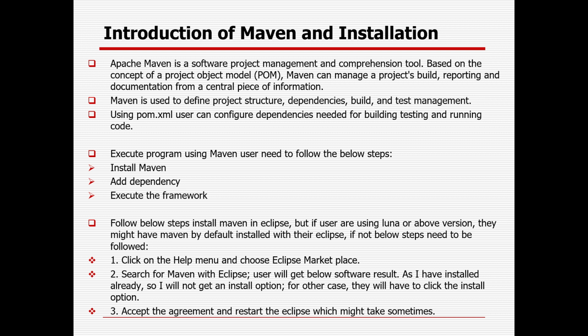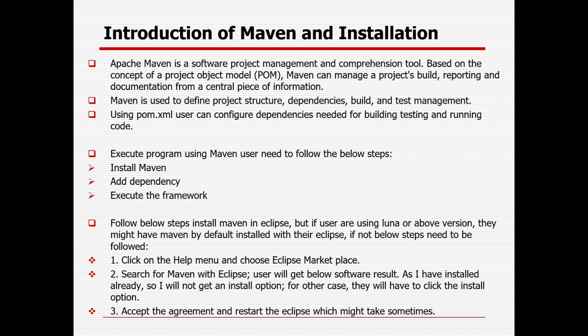But in case you are using a Maven project, you just need to change the version name in the dependency, so that automatically it will remove the old version jar file and add or update the new version jar file to the Maven project. Everything will be defined with the help of the POM, the project object model XML file.